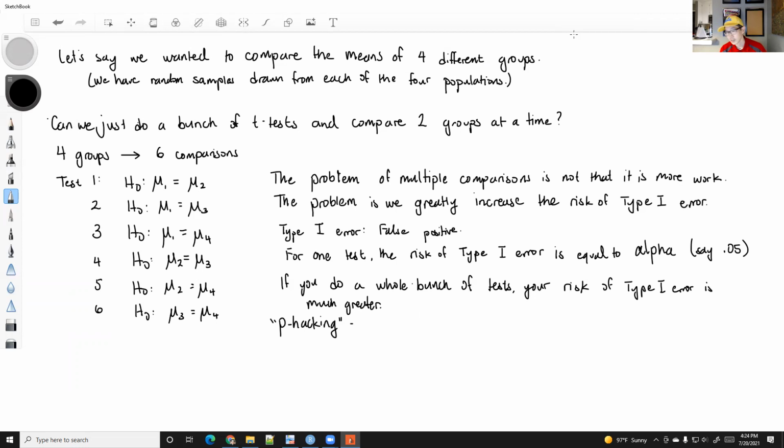It's the idea that if you slice your data set in enough different ways, you're almost bound to find some interesting, unusual thing in your data set, if you slice your data enough times, right?